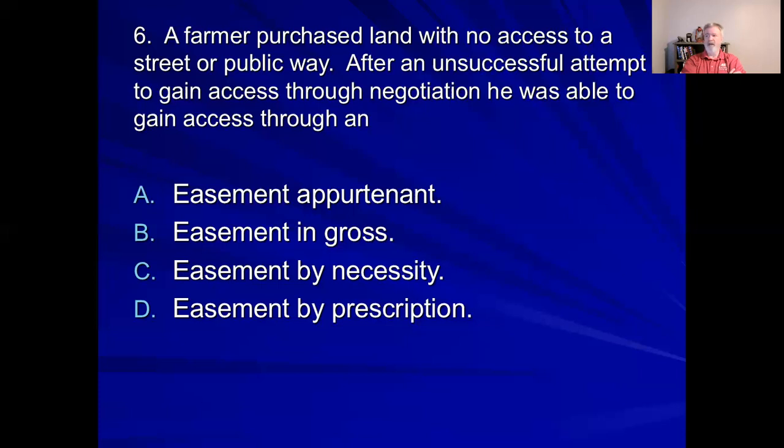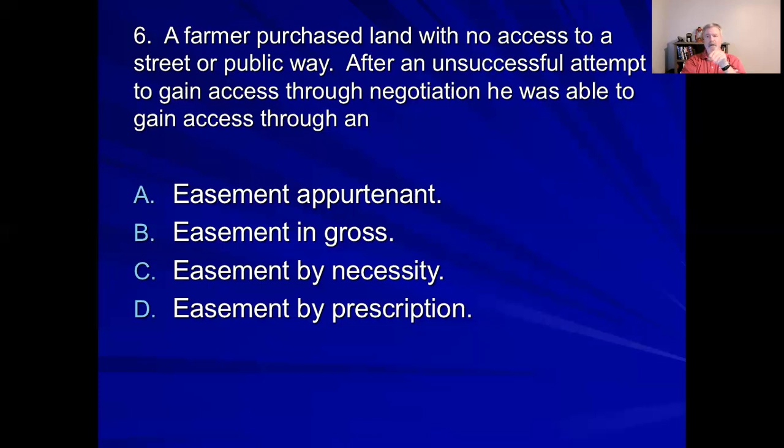The farmer owns land with no access. There's no way to get to it without crossing over somebody else's property. But then it says, after an unsuccessful attempt to gain access.